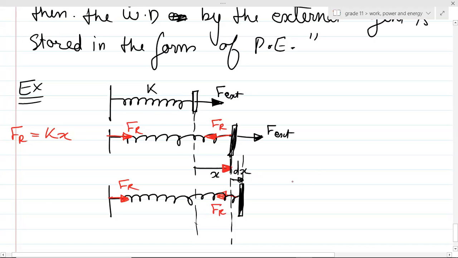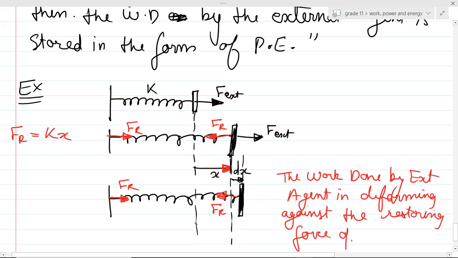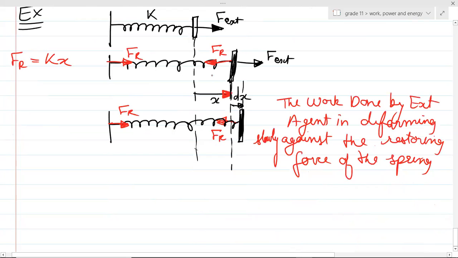In doing this, the work done by the external agent in deforming against the restoring force of the spring, deforming slowly, especially please remember we need to deform it slowly, otherwise we don't want it to gain kinetic energy, okay?